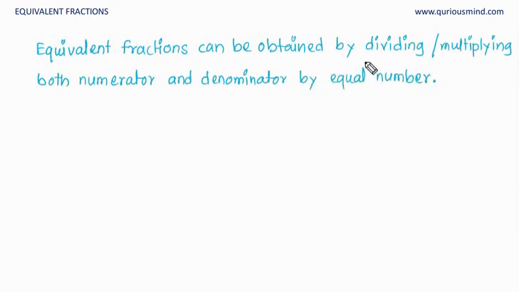So what is important here? Dividing or multiplying both numerator and denominator by an equal number.